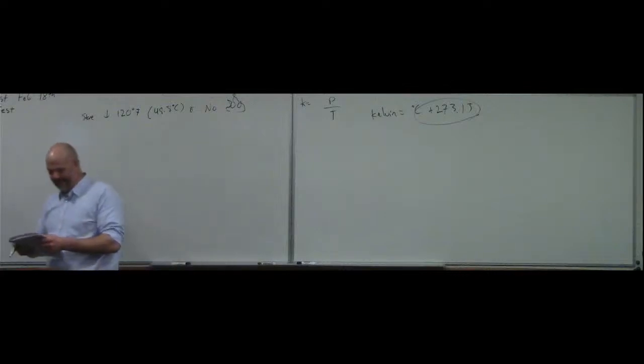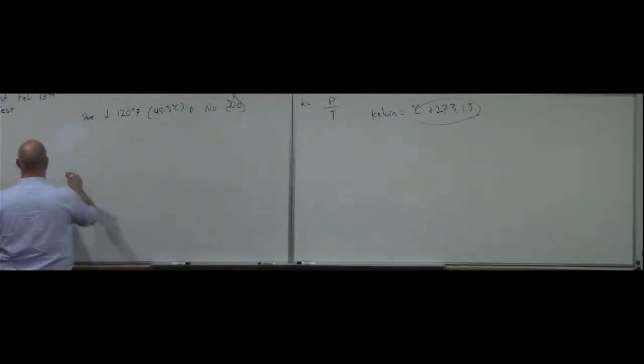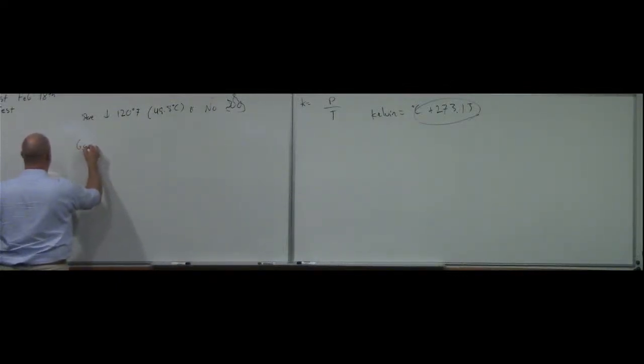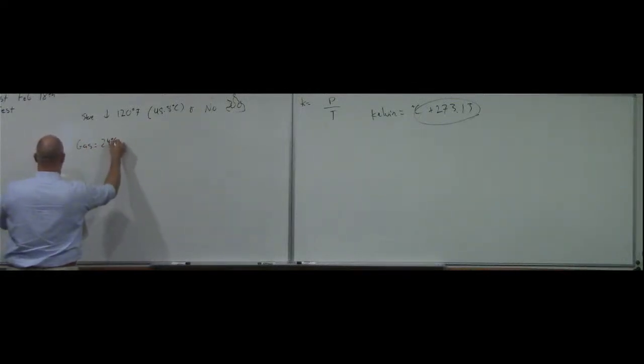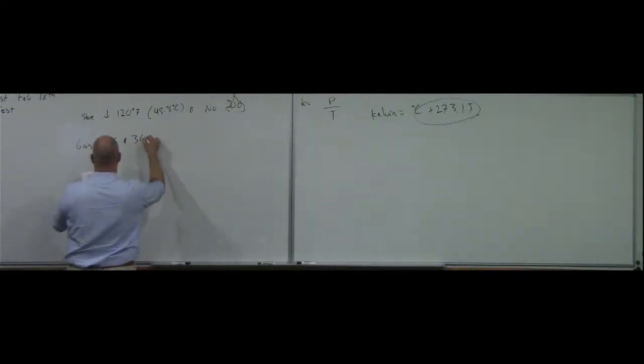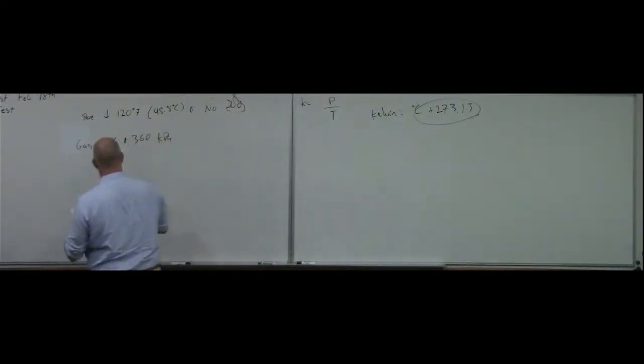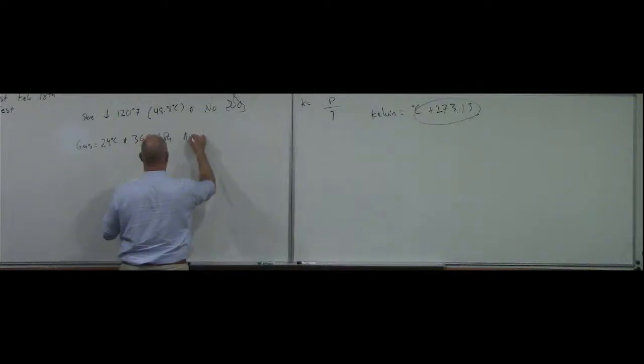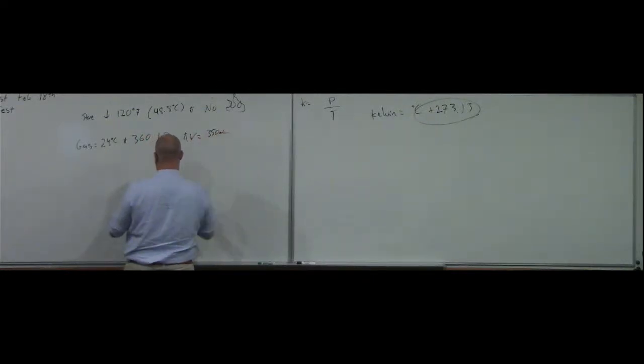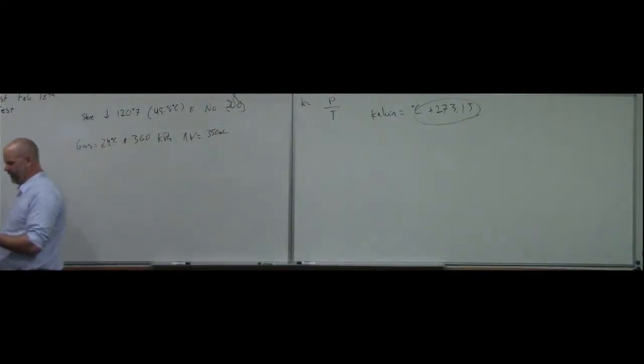B, the gas in the can is initially at 24 degrees centigrade and 360 kilopascals. And the can has a volume of 350 milliliters. If the can is left in a car and reaches 50 degrees centigrade on a hot day, what is the new pressure?